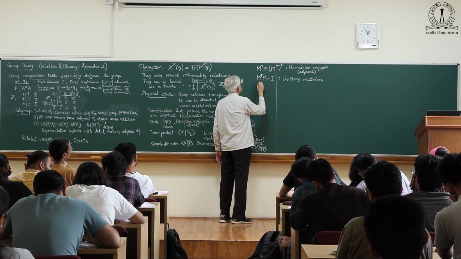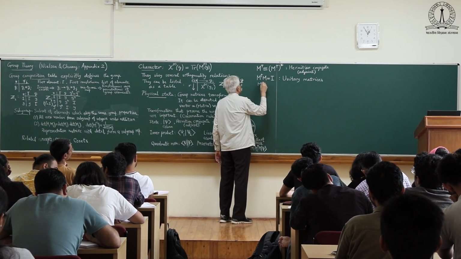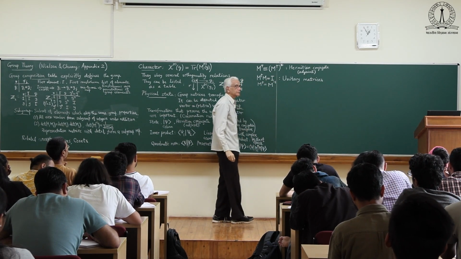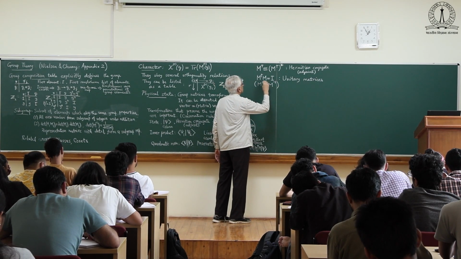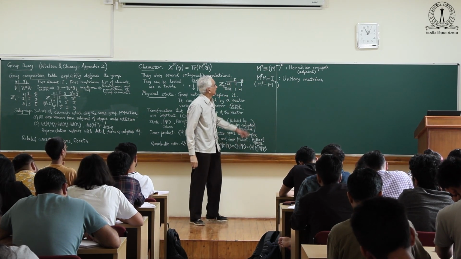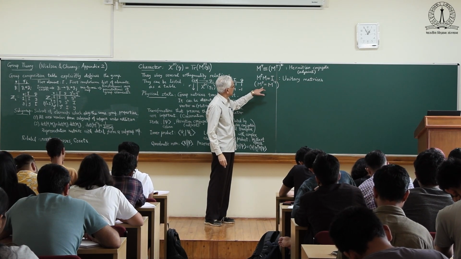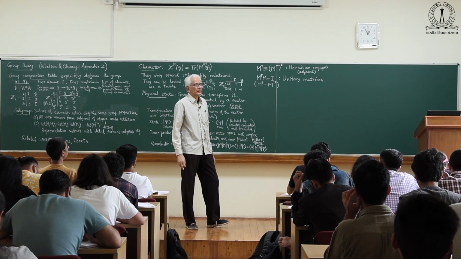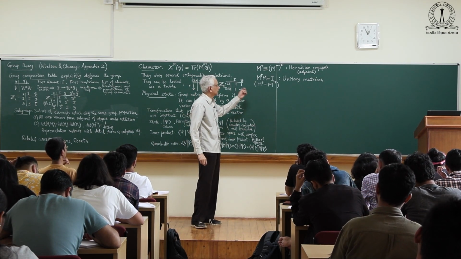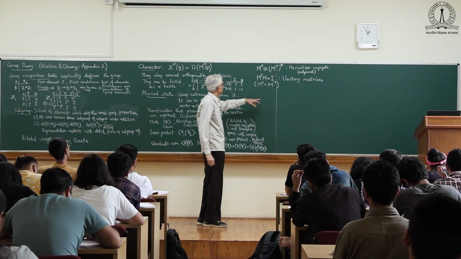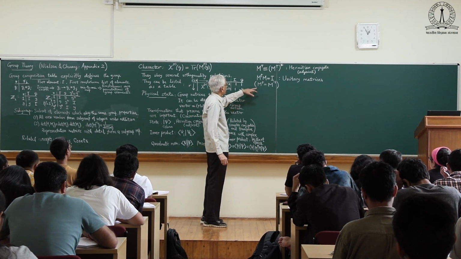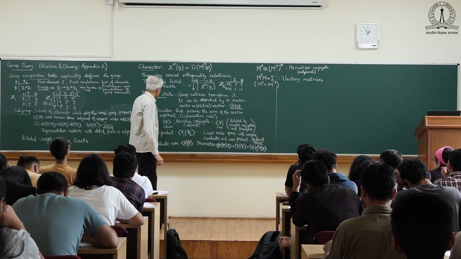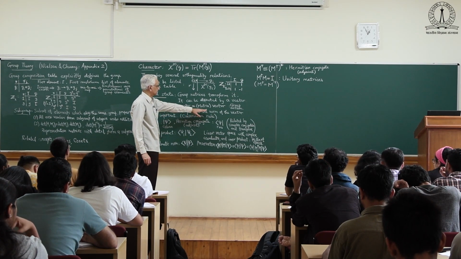Another way of writing this is m dagger is equal to m inverse. The same thing. I can apply m inverse on both sides of the equation and I get a relation like this. So unitary matrices have a special property, and that is very useful in dealing with transformations which preserve the norm of the vector.